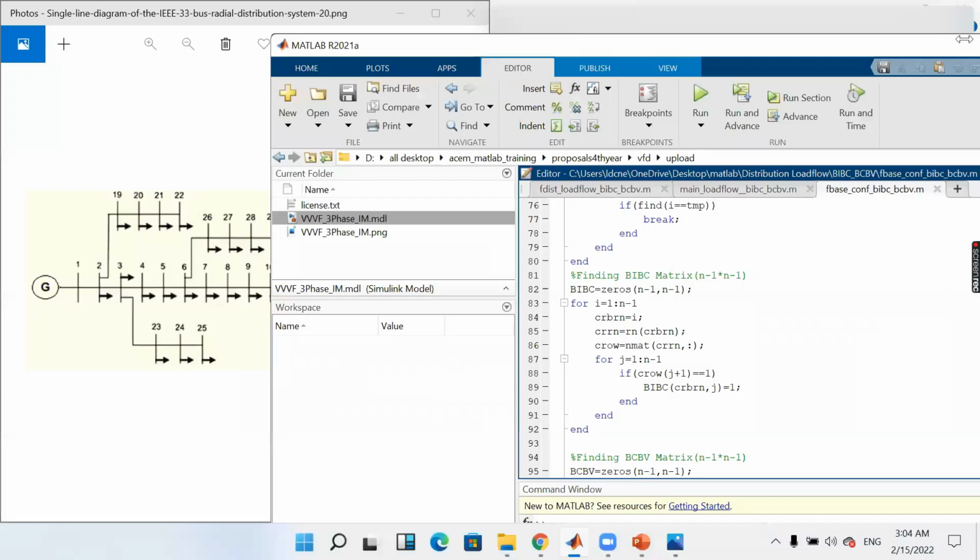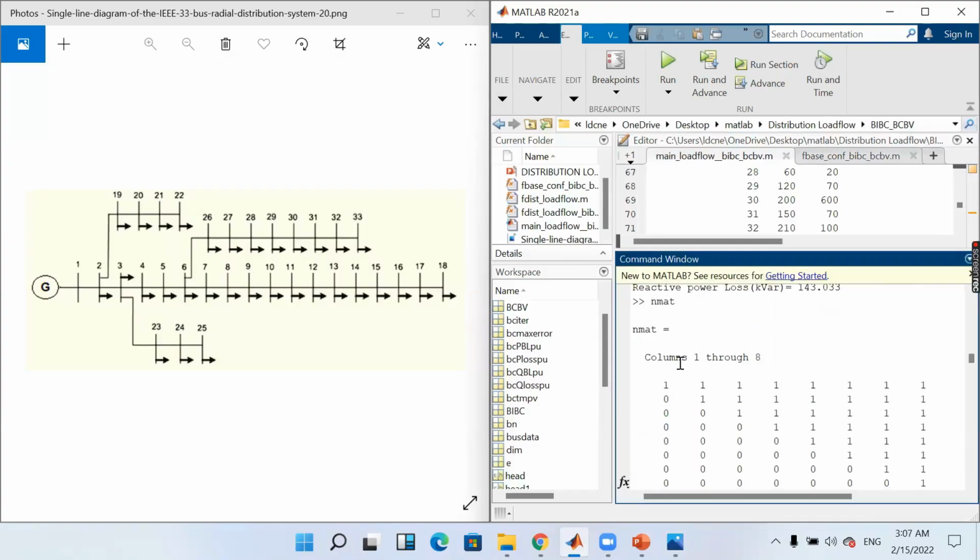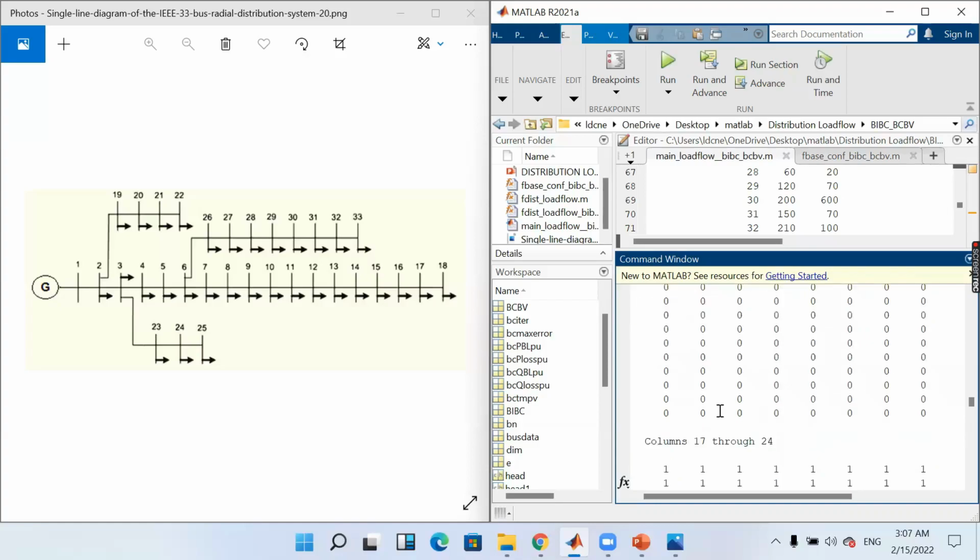The order of the N matrix is N into N, that is total number of buses by total number of buses, and it consists of 0s and 1s only. Now here we can see that row 1 has all the values equal to 1. In row 1, each column corresponds to the value 1.